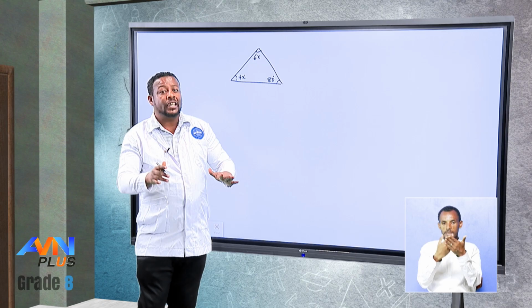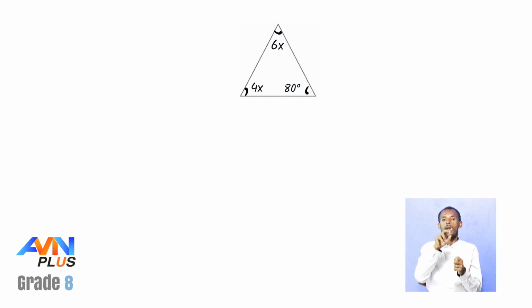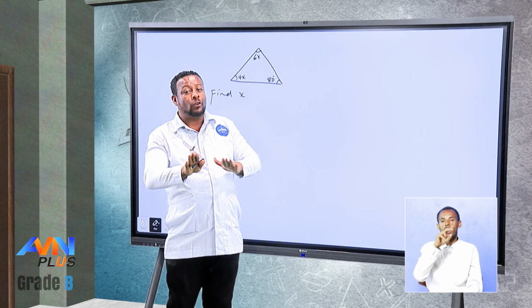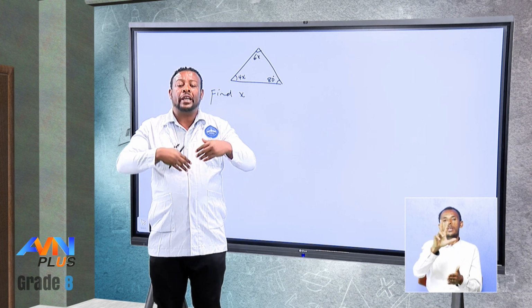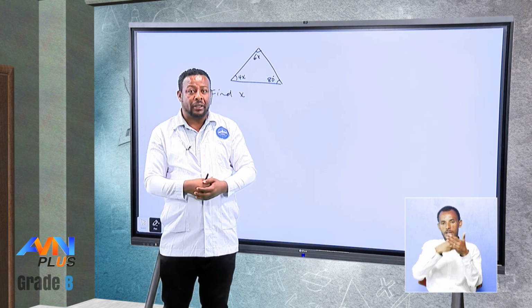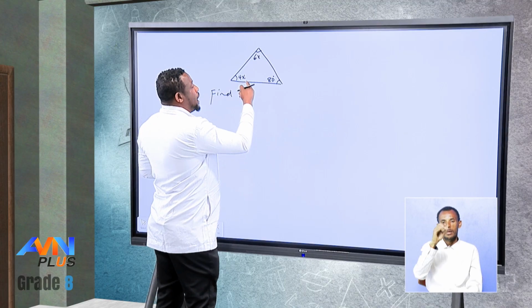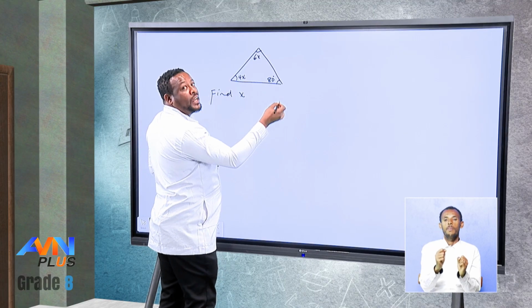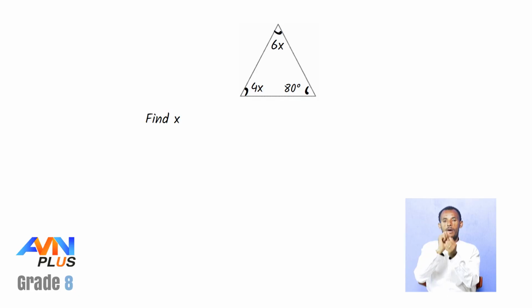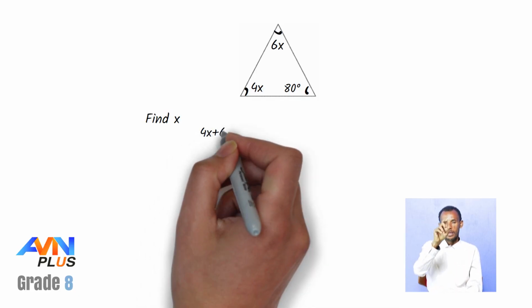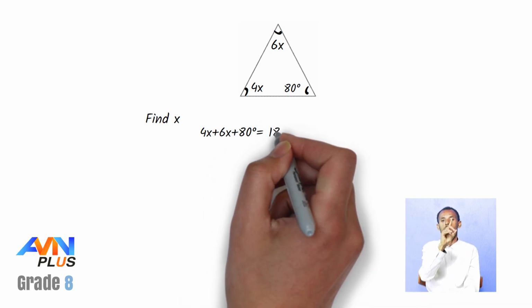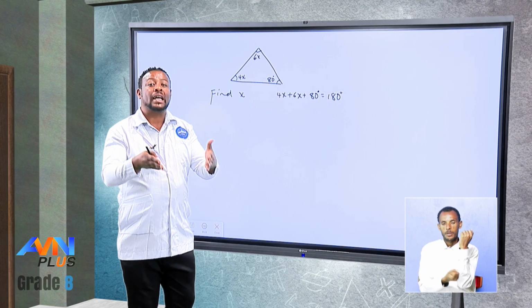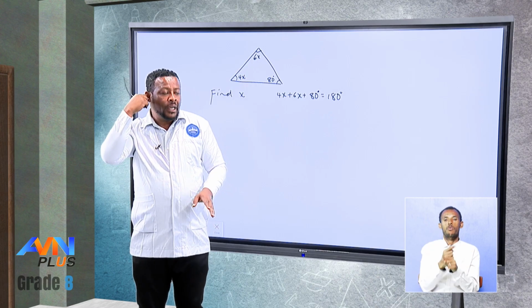In this triangle, if you are asked to find the value of x, you need to add all these three and sum it up, and the result is 180 degrees. So you can calculate the unknown variable in this way: 4x plus 6x plus 80 degrees must give us 180 degrees based on the theorem that we have already proved, right?